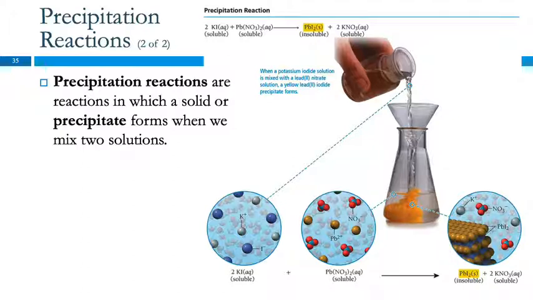Why did that happen between lead and iodide? Potassium and nitrate met up and they're like, you're nice. No sparks, nothing. It's like, yeah, we'll just hang out, chat, right? So why did these two stick together and the other ones didn't? Well, that's complicated, just like human relationships are complicated.